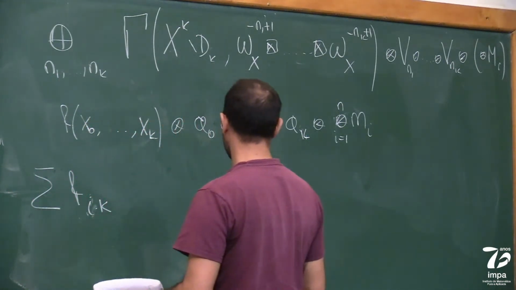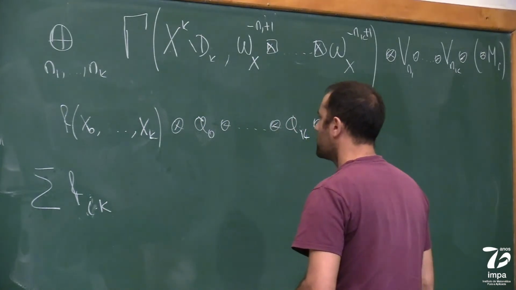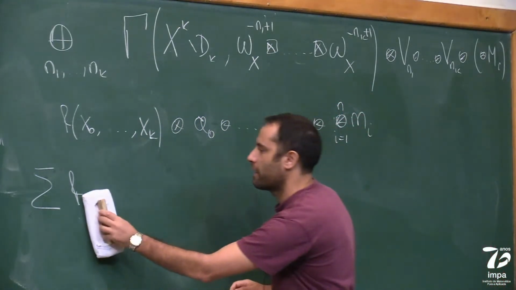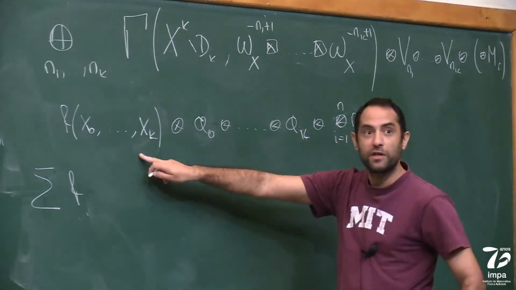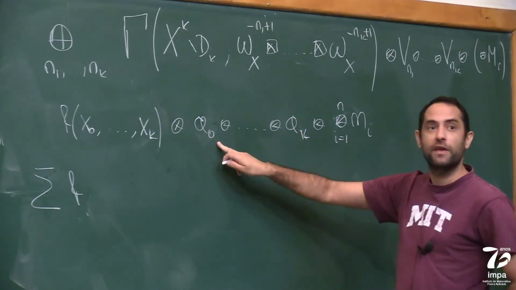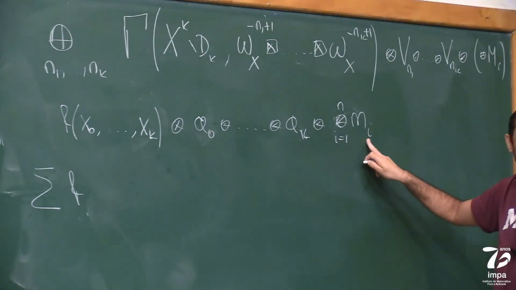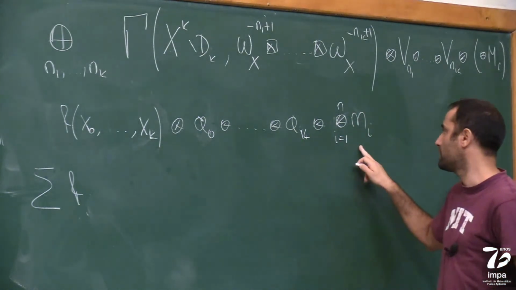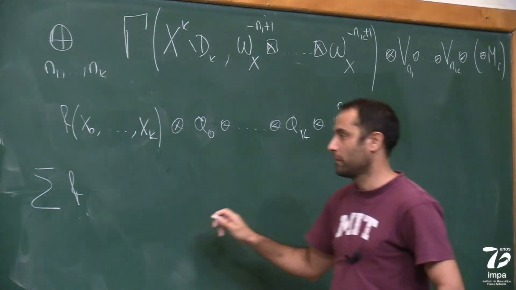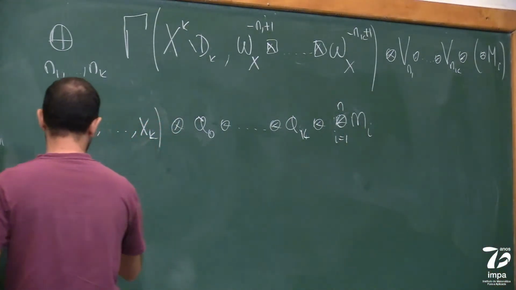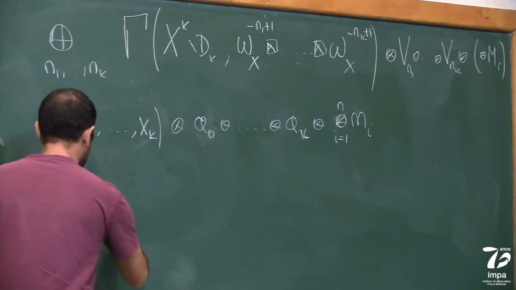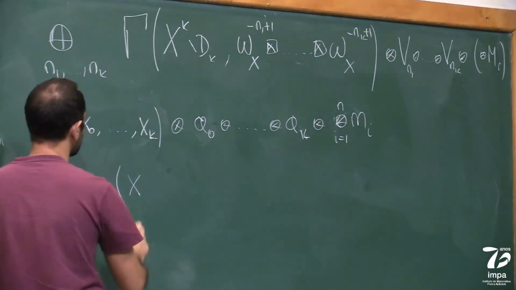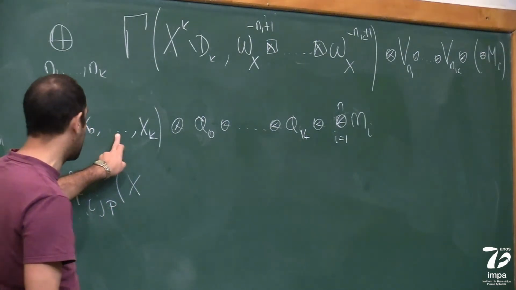I don't know if I'm going to be able to write it here. So what I want to say is I'm going to grab this function that depends on these variables. I'm going to expand this in each one of the i's and each one of the j's for the module when that coordinate x_i is equal to y_j. Okay. So I'm going to take i, j. I was using k, so now it's going to have to be p. And this is going to be a function that will no longer depend on x_i.